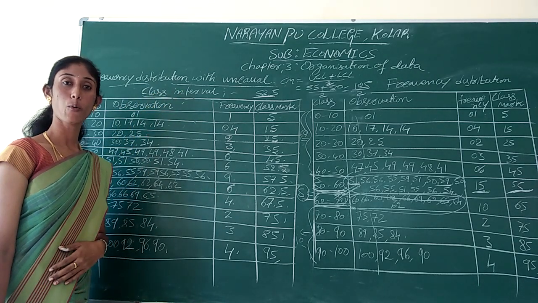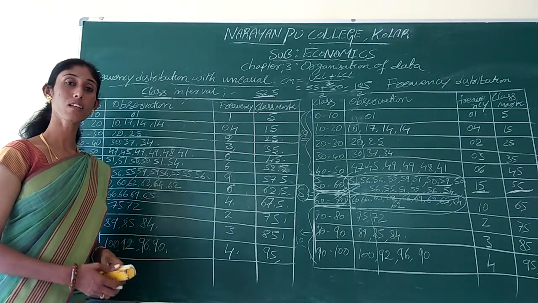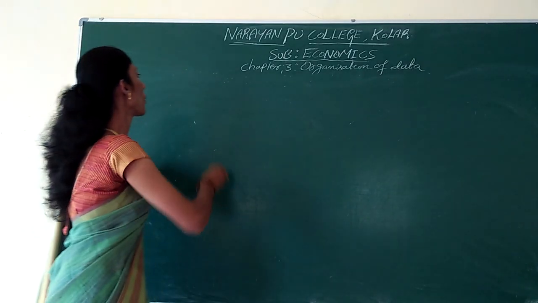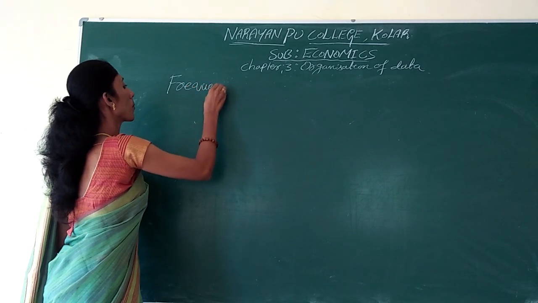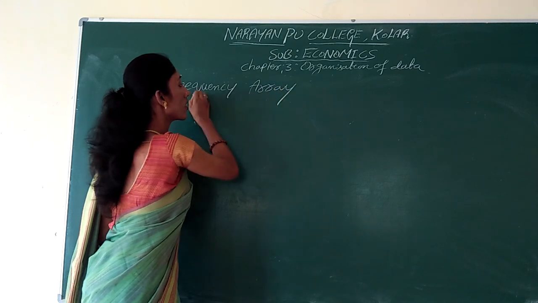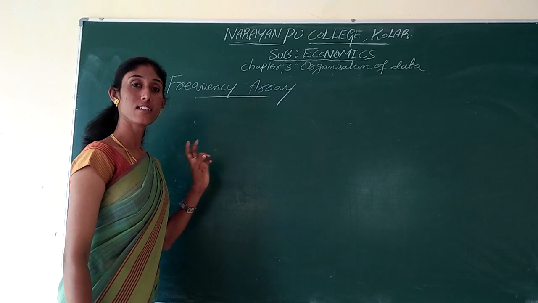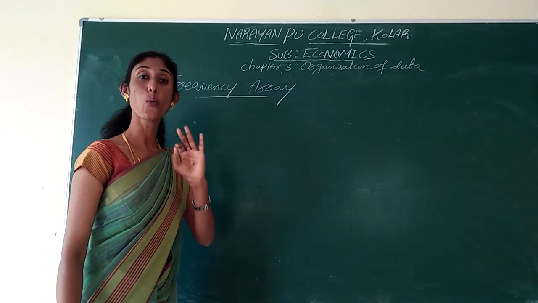Next we move to one more important topic of the chapter, that is frequency array. Frequency array refers to the frequency distribution of a discrete variable.